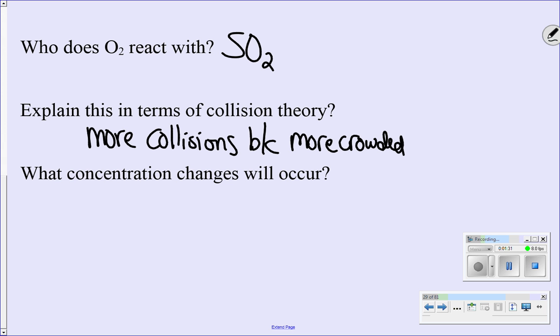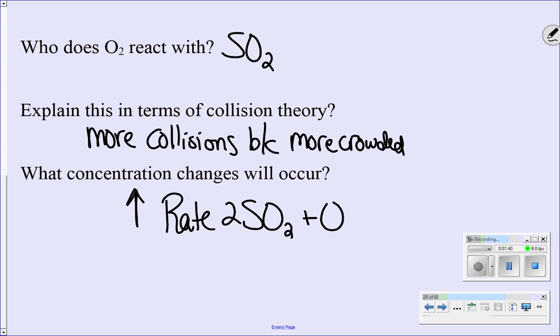What this is actually going to do is increase the rate of SO2 reacting with O2 and forming SO3. However, it is not going to affect the rate of the reverse reaction.